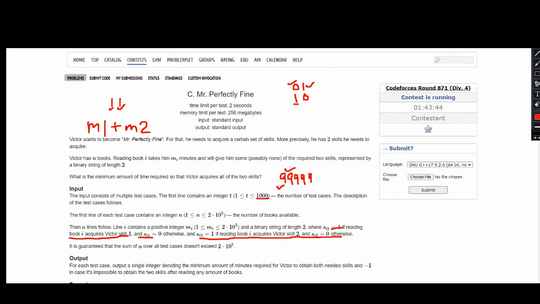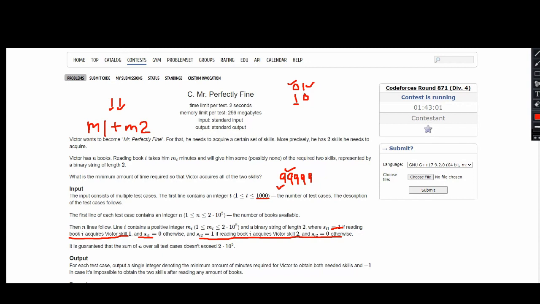Then suppose we have the whole time, because this is acquired from the same book, we take the minimum of the whole and the minutes given in the test case.